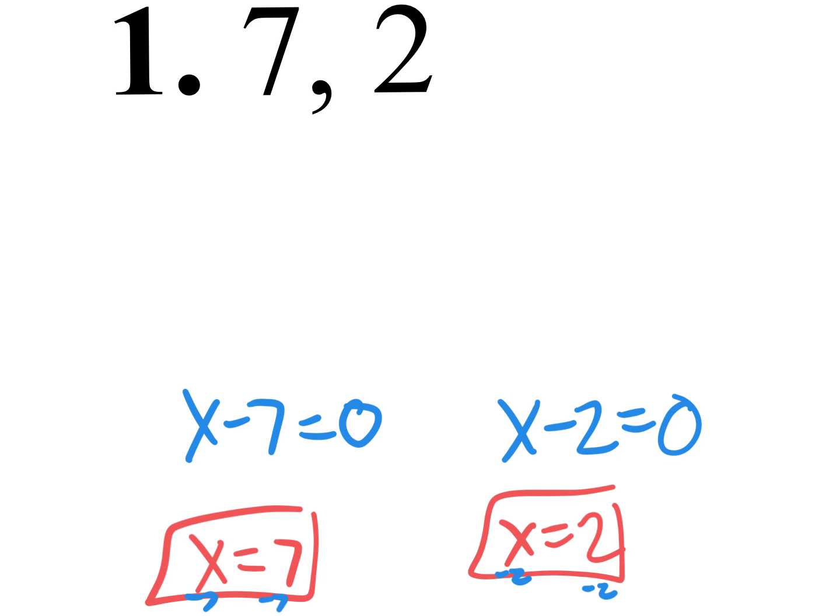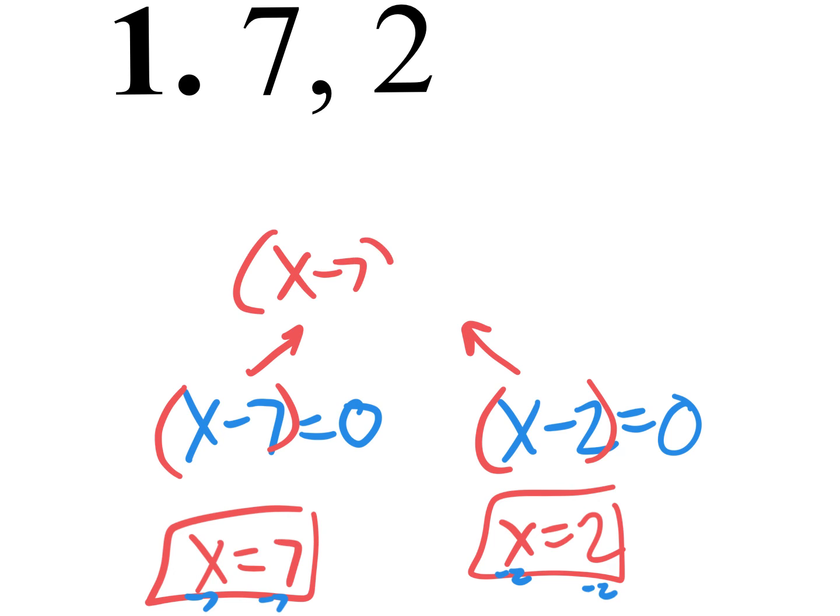And now, at this point, these two binomials that are separate equal to 0 each, they came from this binomial and that binomial being multiplied together. So x minus 7 times x minus 2, and that set equal to 0. I'm working backwards. I hope you guys see what I'm doing.